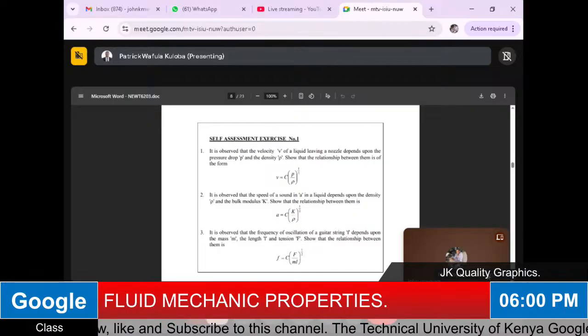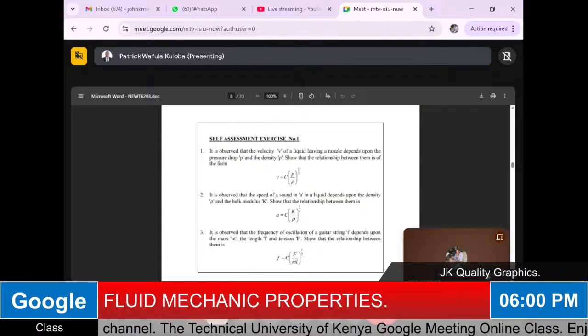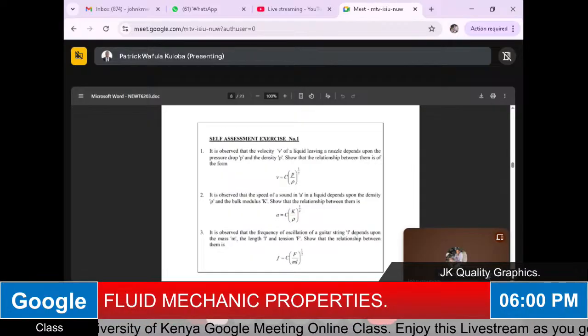We start again. A is a function of density rho and bulk modulus K. If you expand it, A is equal to C into brackets, rho raised to A, K raised to B.